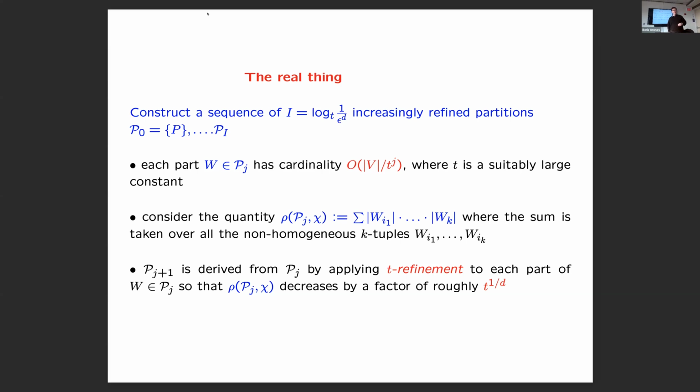And in fact, it also solves other problems. Because our approach is to construct a sequence of increasingly refined, almost refined subpartitions of the underlying point set.